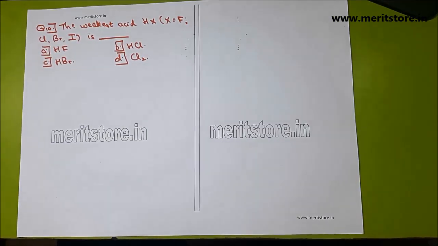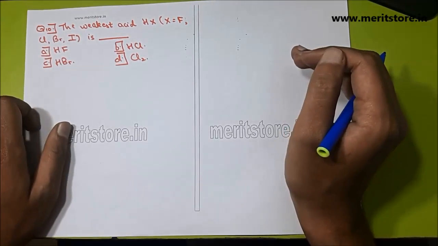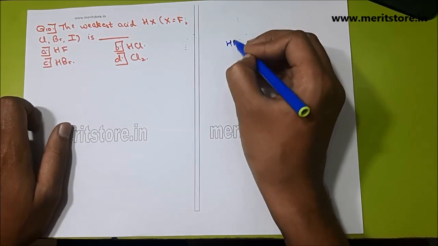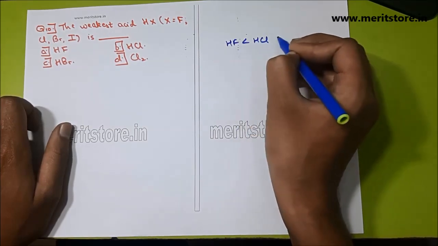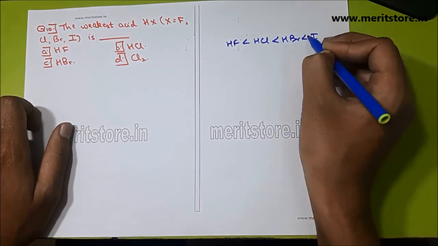Number 10. The weakest acid HX, where X represents fluoride, chloride, bromide and iodide, is A, HF, B, HCl, C, HBr and D, Cl2. Okay, of all these, the acidic strength increases in the order HF, then HCl, then HBr, then HI.